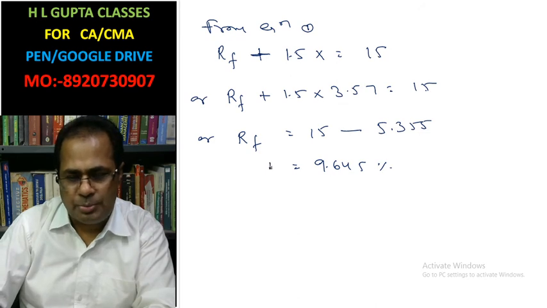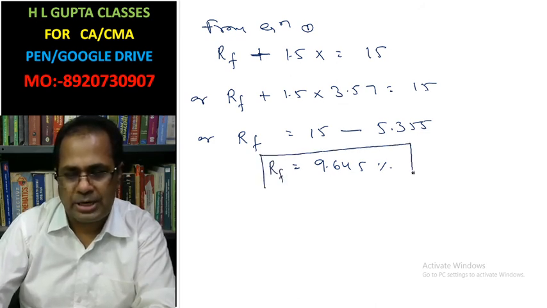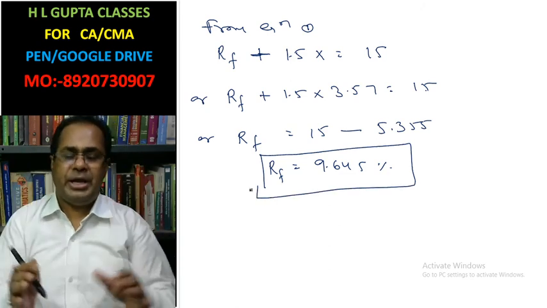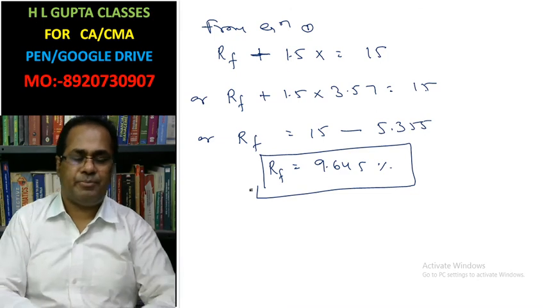So this should be the risk-free rate for securities P and Q to be correctly priced.